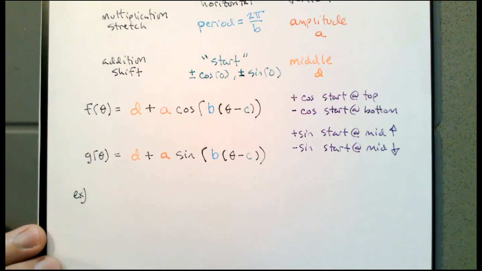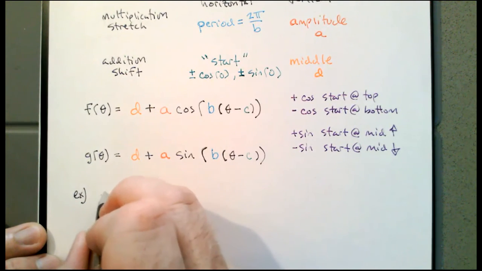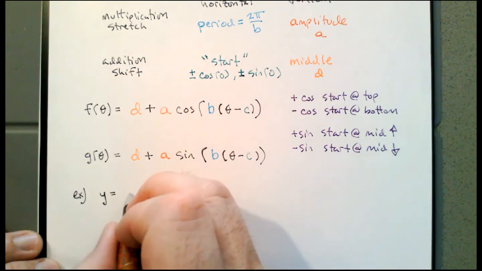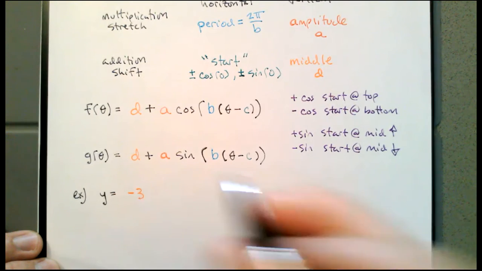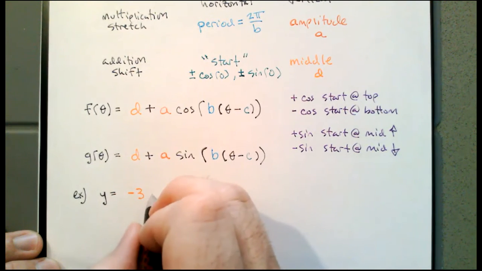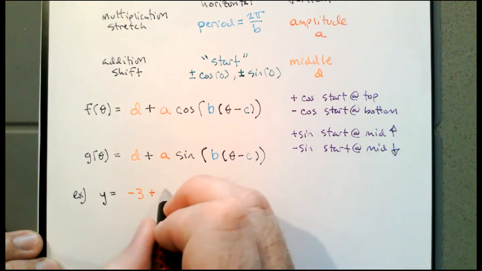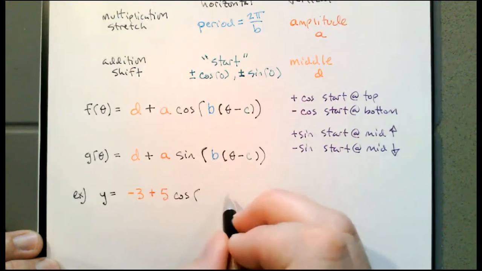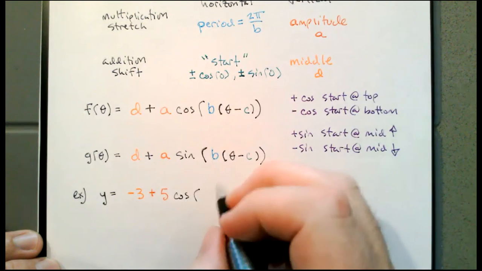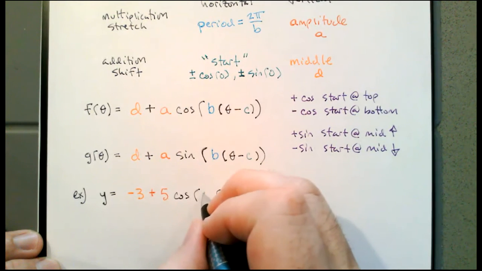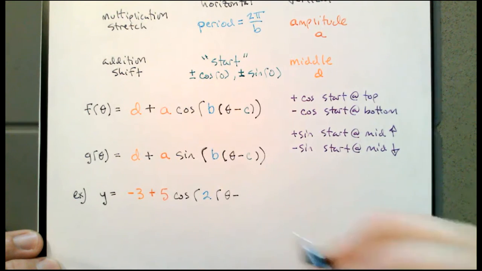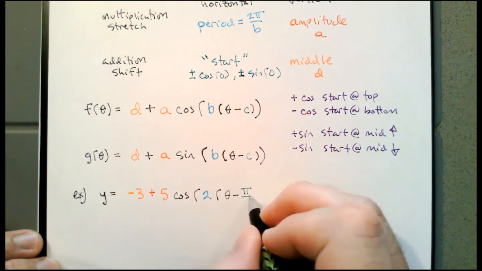Let's identify the things we need for this function: the period, the amplitude, the middle, and the start. Let's say y equals -3 plus 5 times the cosine of 2 times theta minus pi over 6.